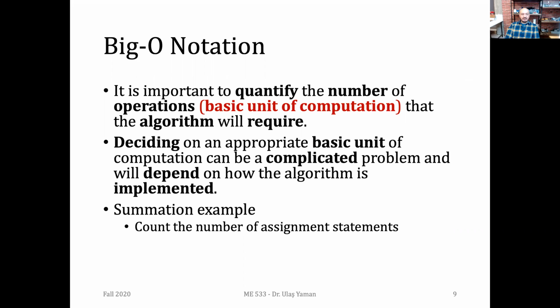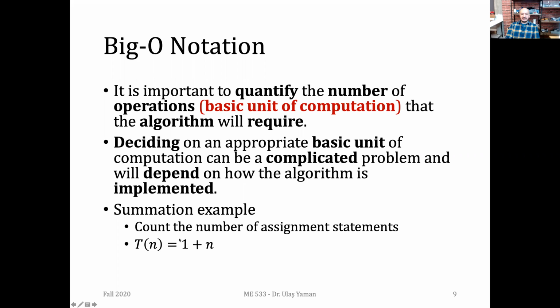Consider our summation example: we were simply summing the numbers one by one. Once we were using a for loop, but once you use a simple equation, we just had a single statement. In the for loop case, we had an initial assignment, which counts as 1, and then we have n summation operations.